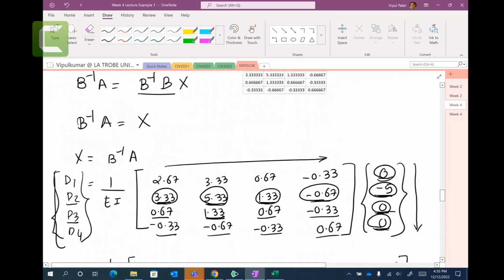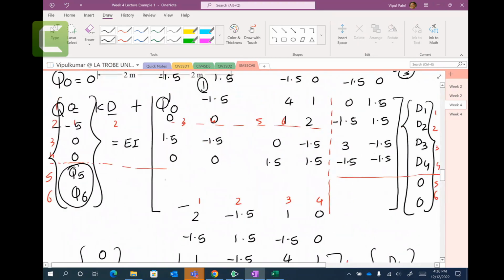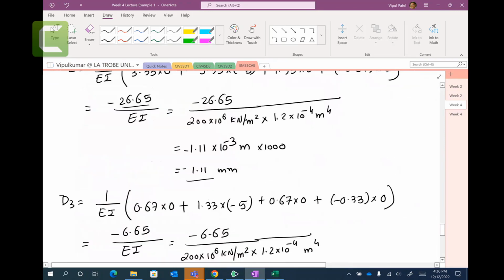You remember this, we did it here. That is minus 1.5. Oh, sorry, 1.5, minus 1.5, 0, 0. So that value is coming from here. And this 0 and minus 1.5 and 0, 0, 1.5 and 1.5. So 1.5.